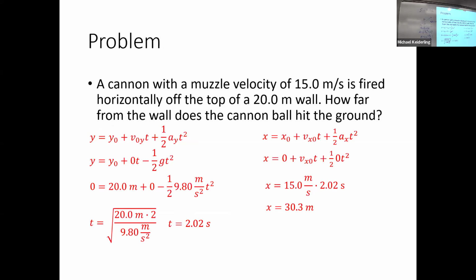So here, if we have a cannon with a muzzle velocity of 15 meters per second, fired horizontally off the top of a 20-meter wall, how far from the wall does the cannonball hit the ground?